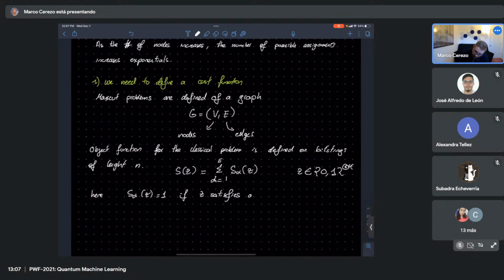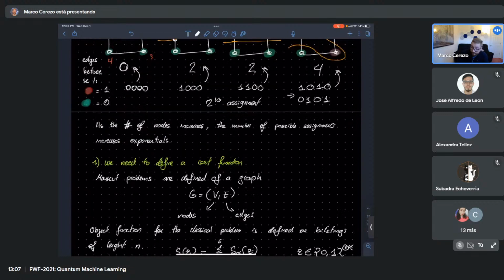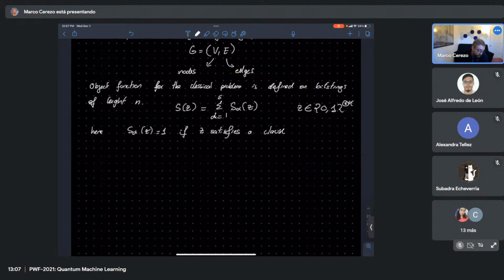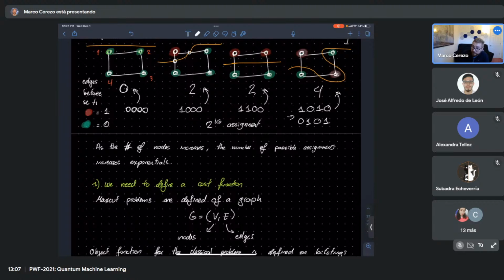The clause is that the two different nodes connected by that edge belong to different sets. If z does not satisfy the clause, S alpha of z equals 0, otherwise.